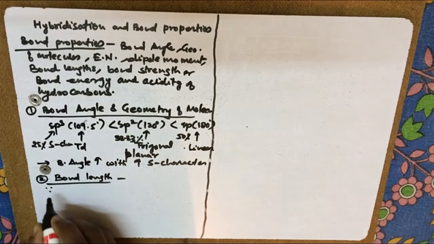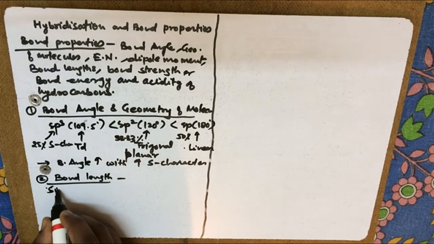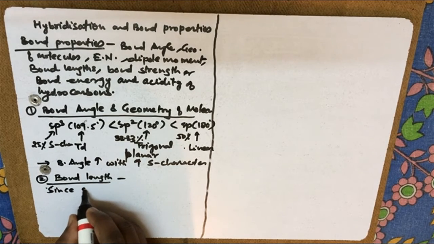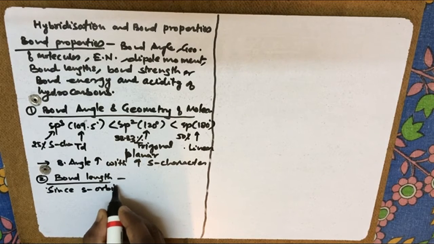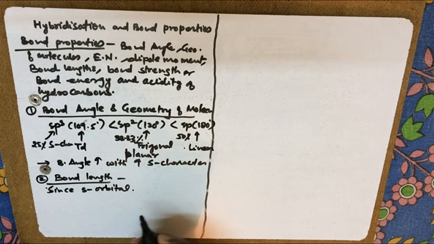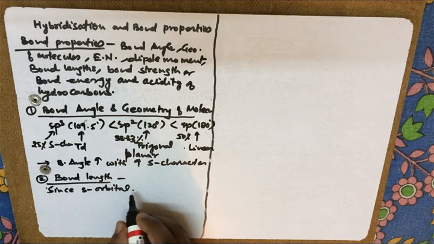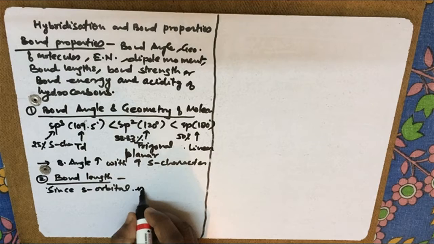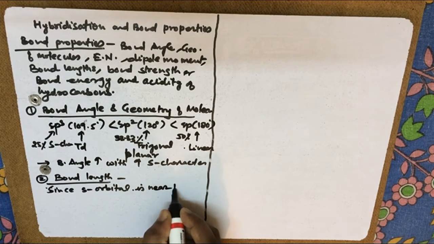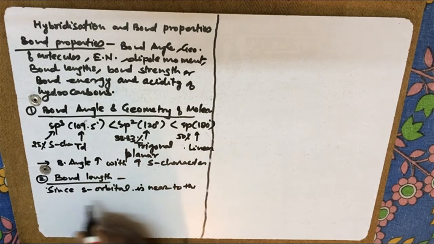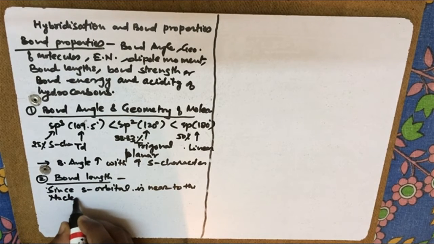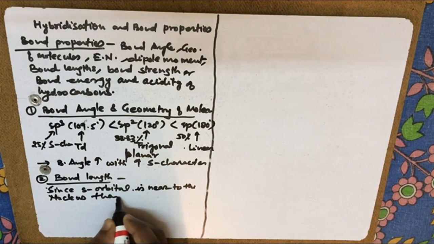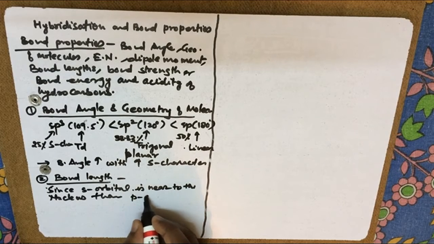Since the s orbital is nearer to the nucleus than the p orbital, s orbital is near to the nucleus than p orbital.